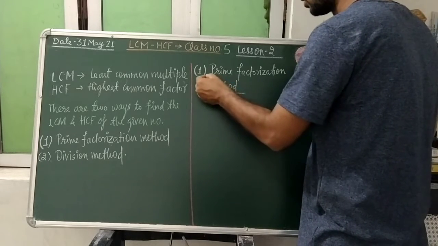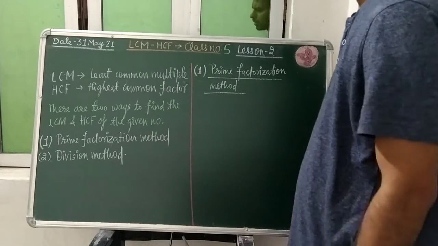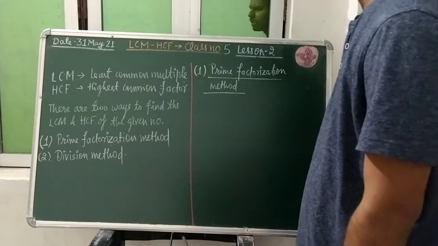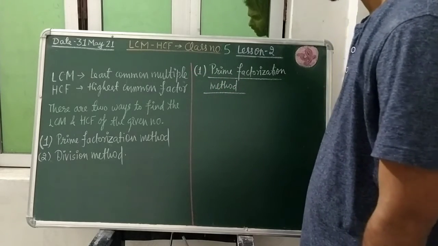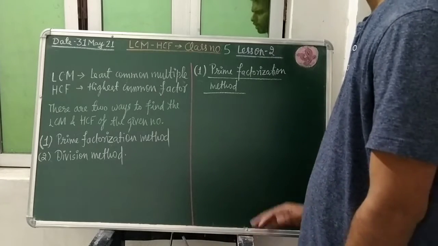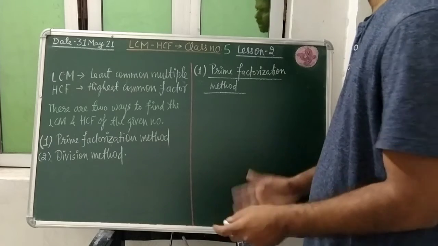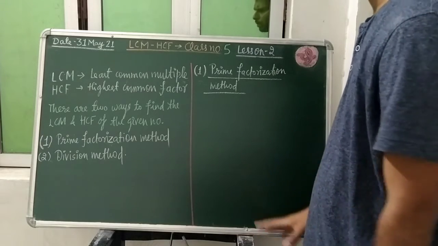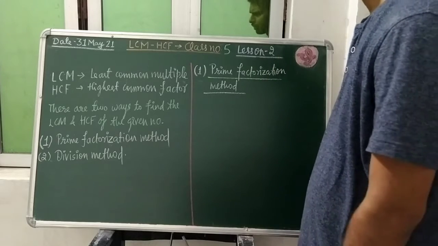So students, look, in the earlier class we discussed the multiples and the factors. I have talked that when you are going to find the multiples of any number, you shall read out the table of that number, that will be the multiples of that number.